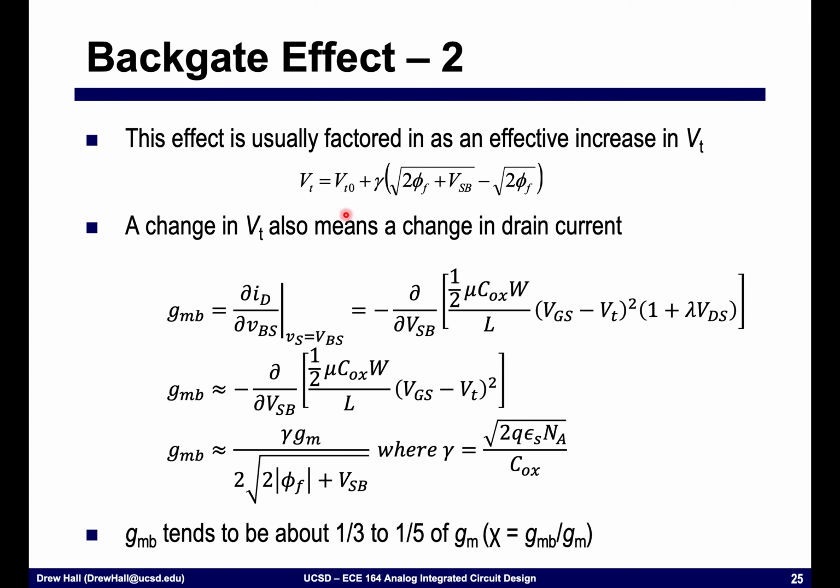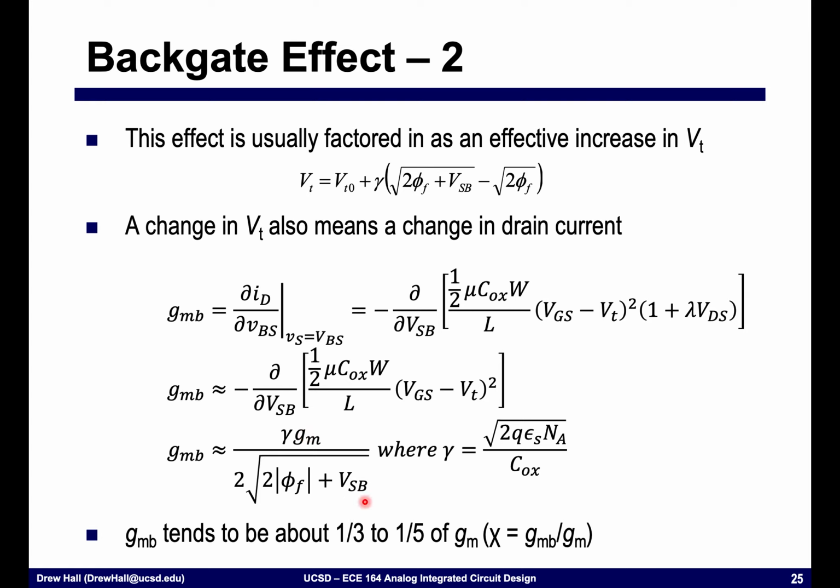However, recall that this VT term does depend on the source to body voltage. So we need to substitute this into VT, carry out this derivative, and what we'll find is that the transconductance is approximately equal to gamma GM divided by 2 times the work function plus VSB.